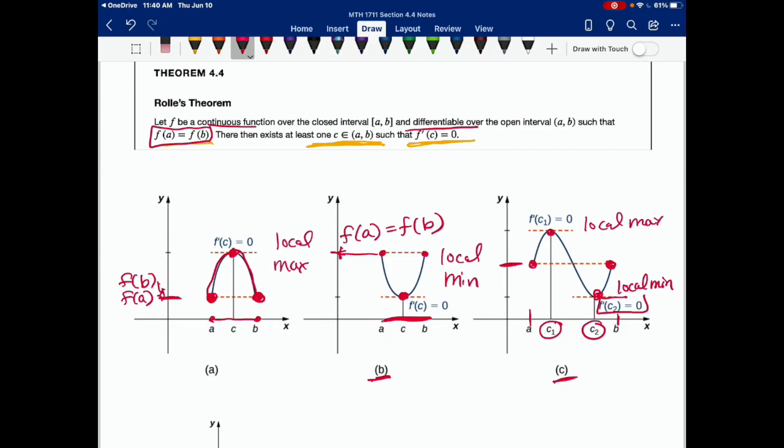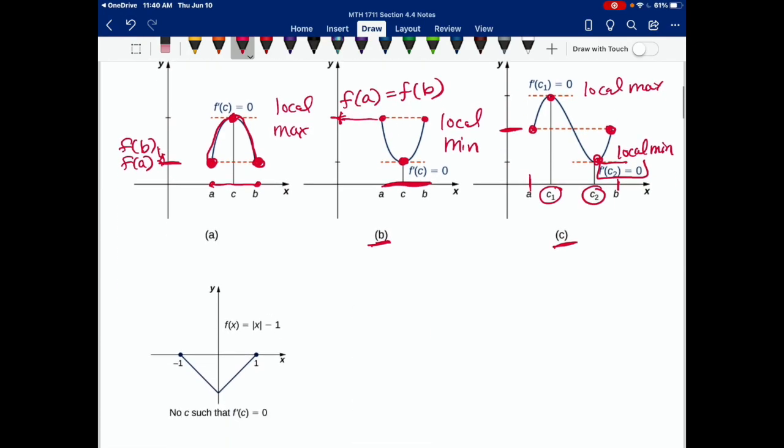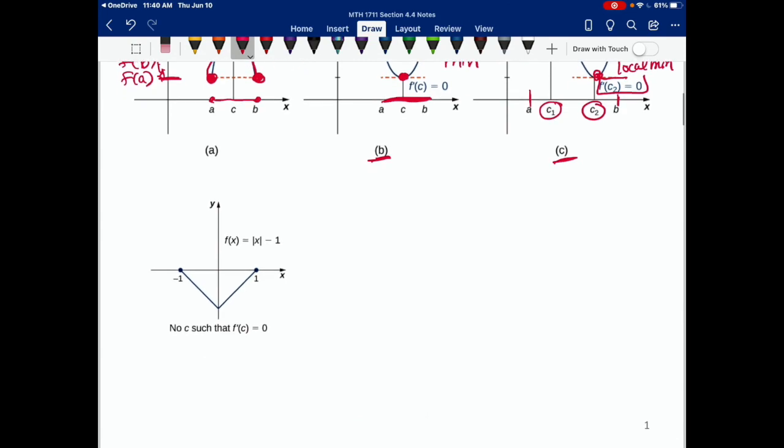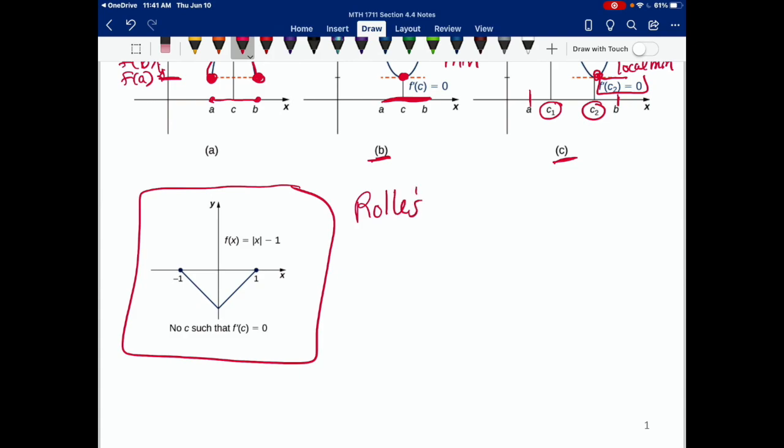But in order for this theorem to work, you have to meet all the criteria. It has to be continuous, it has to be differentiable on the interval AB, and f of A has to be equal to f of B. So in this example here, this is where Rolle's theorem does not work, because every point on the interval between A and B has to be continuous and differentiable.